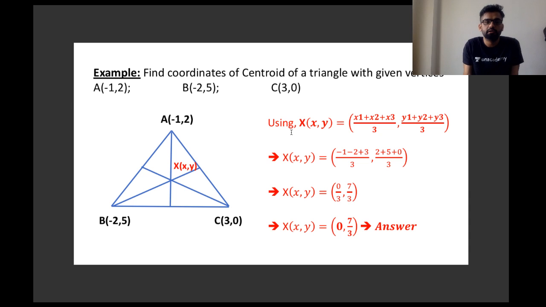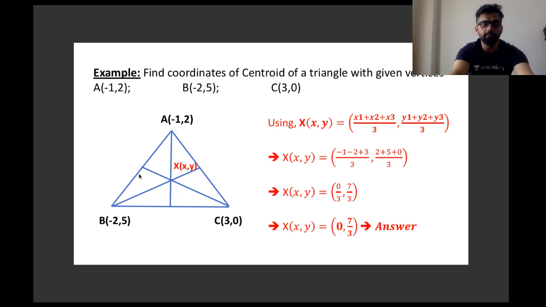Simple formula. The first formula that we learned for centroid: the abscissa of the centroid is going to be the average of the abscissa of the vertices, and the ordinate of the centroid is going to be the average of the ordinates of the vertices. Therefore, taking the centroid as x, y, it is x1 plus x2 plus x3 upon 3, comma, y1 plus y2 plus y3 upon 3.